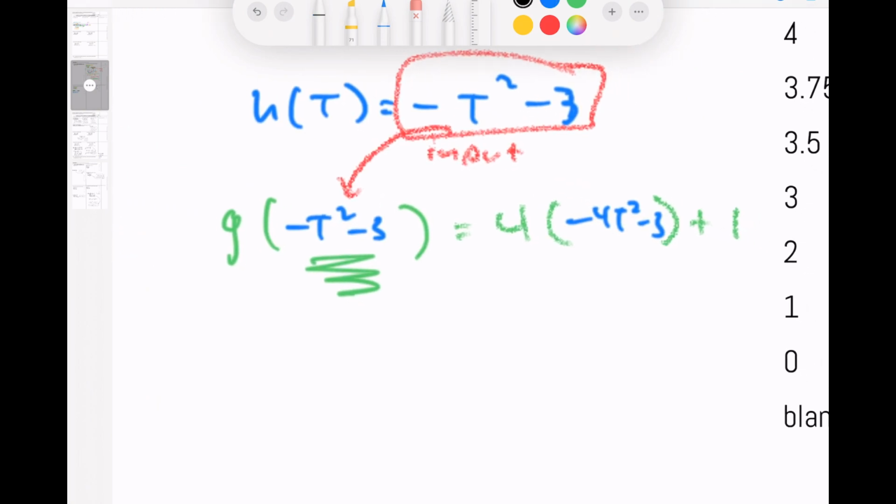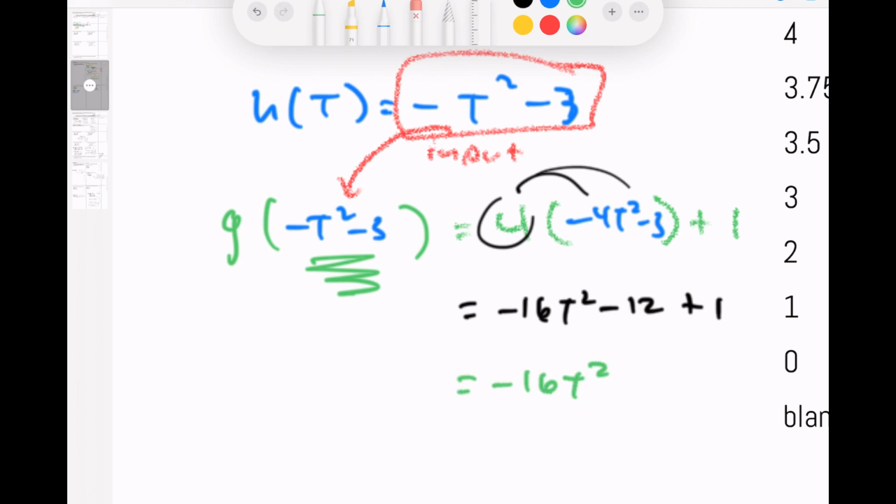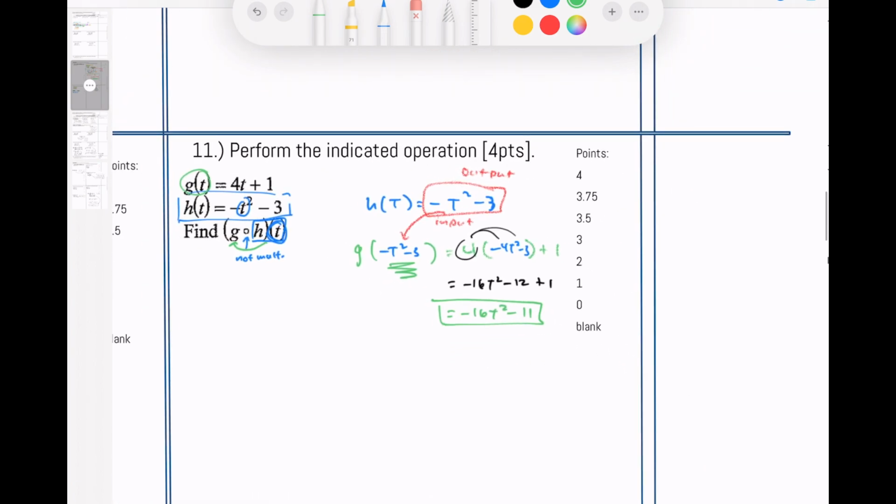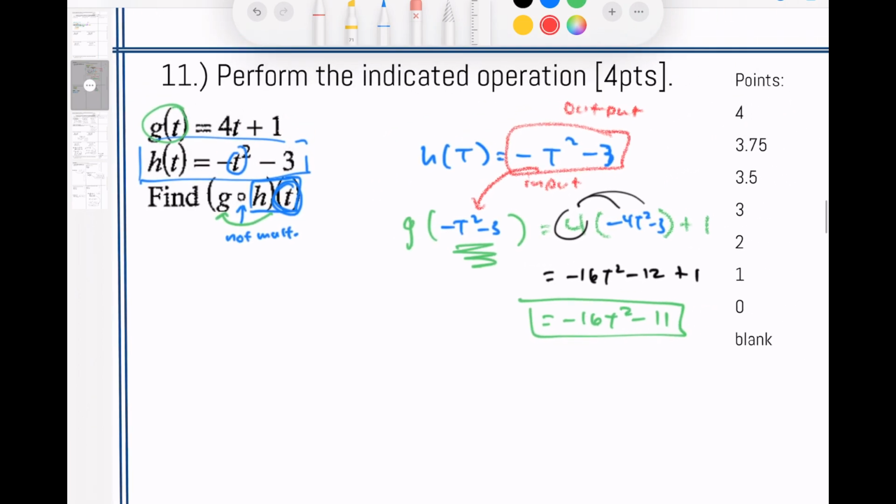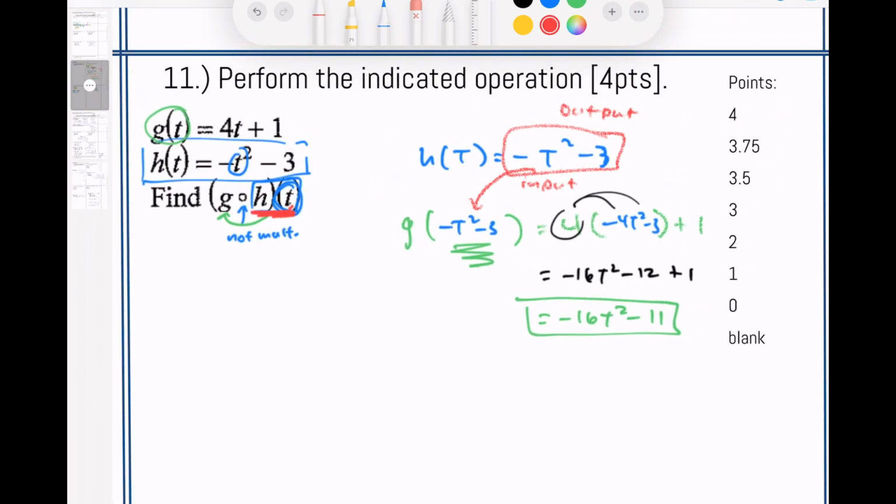Okay, all we have to do is simplify. Negative 16t squared minus 12 plus 1. Then we just finish this up, combine like terms, and you'll get negative 16t squared minus 11 is our answer. So let's review: when you put t into h, you basically get the same answer over here. And then you take that answer and you put it into g, which we did here, and this will be your answer.